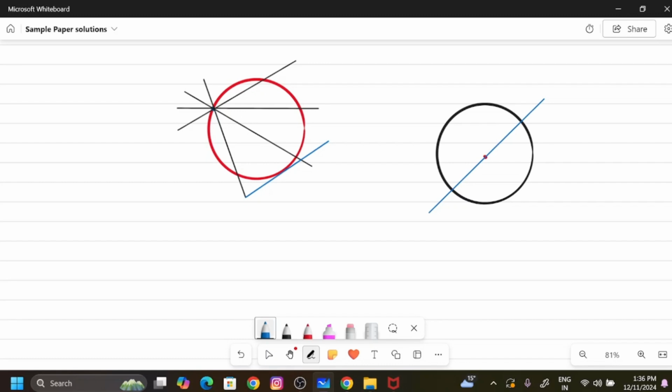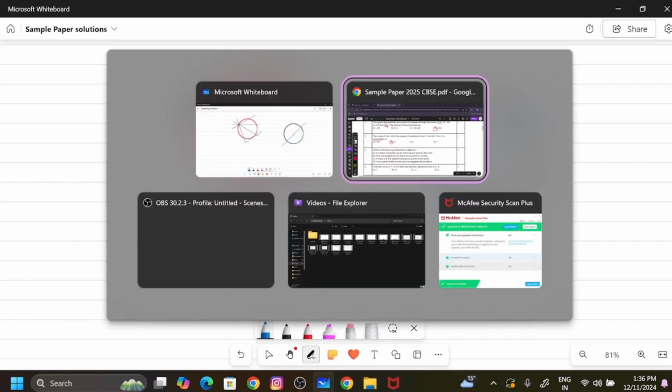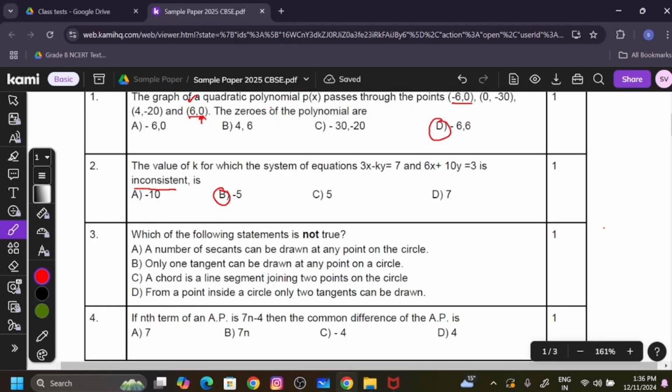That becomes a secant for the circle, not a tangent, right? A tangent should touch the circle at only 1 point. So we cannot draw any tangents when the point is inside a circle. So option D is not true. Rather, from a point outside a circle, only 2 tangents can be drawn.